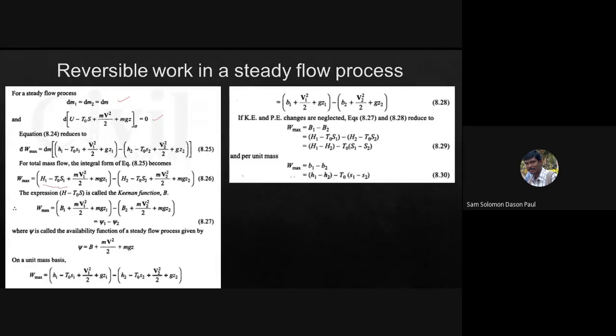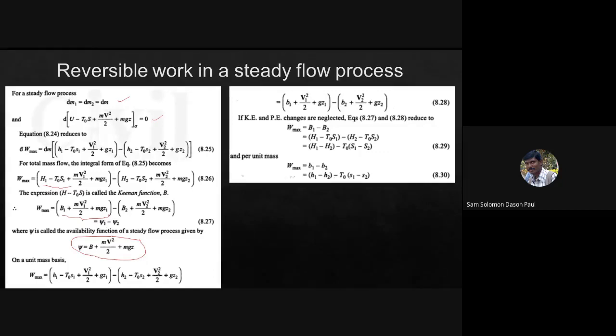This h minus t naught s is called Keenan's function. Just like u plus pv is h, h minus t naught s is Keenan function b. So you have b1 plus mv1 squared by 2 plus mgz1 equal to b2 plus mv2 squared by 2 plus gz2. This term, b plus mv squared by 2 plus mgz, is called psi.